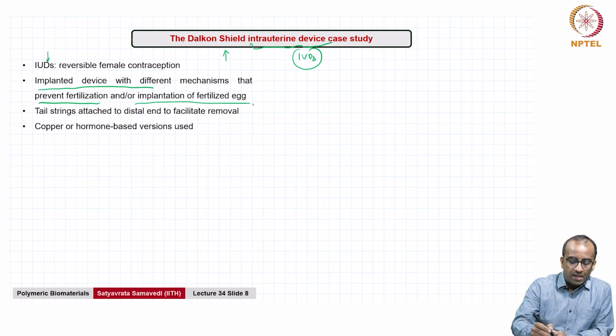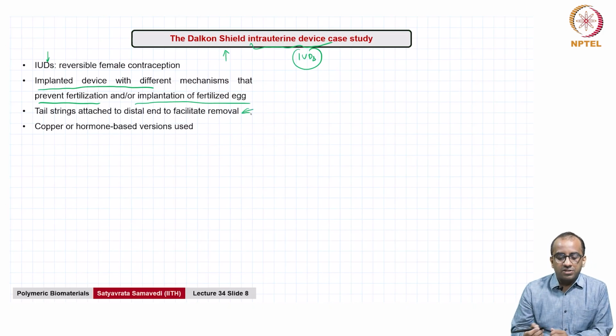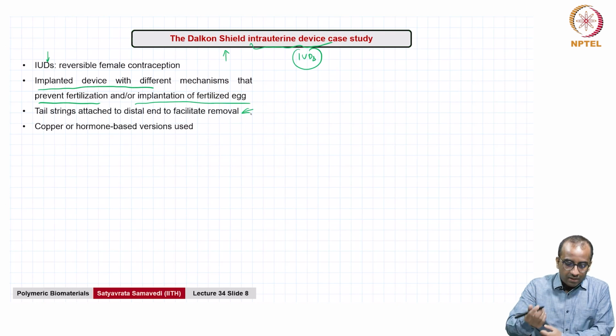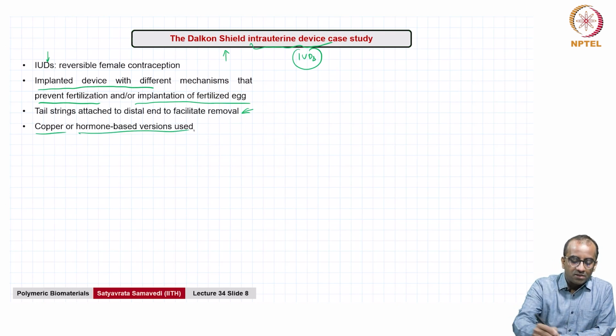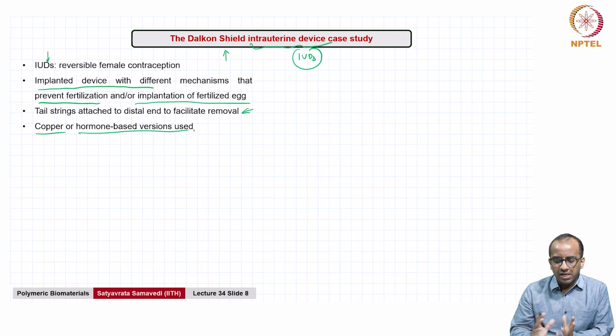Now, this device has tail strings attached to the distal end to facilitate easy removal, and this has to be implanted by a trained clinical practitioner. There are both copper and hormone based systems that are used, and the mechanisms by which they act and prevent pregnancy are slightly different. We are not going to get into the details of that for this case study, but it is good to know that there are different ways through which this can act.